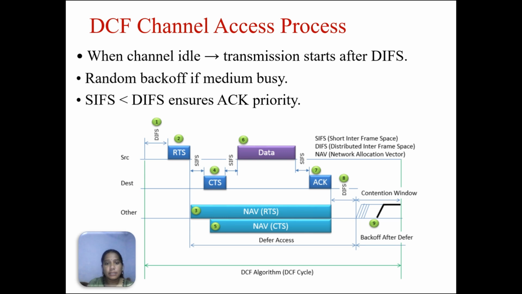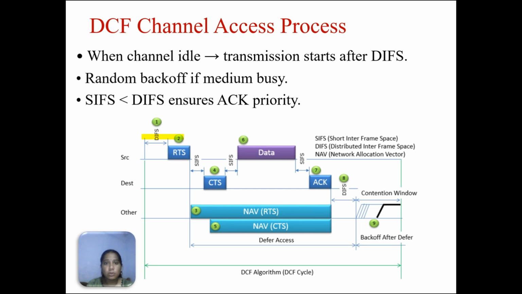Here I have given a detailed view of the DCF access mechanism. In step 1, as shown here, a device called the source performs carrier sensing and checks if the channel is free or not. If the channel is free for a certain period, that is DIFS, it goes to step 2.